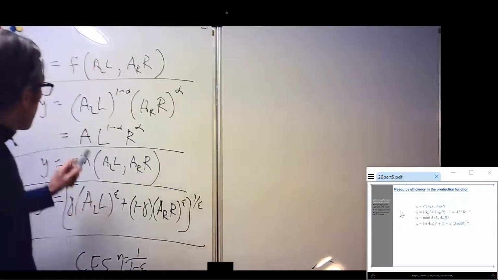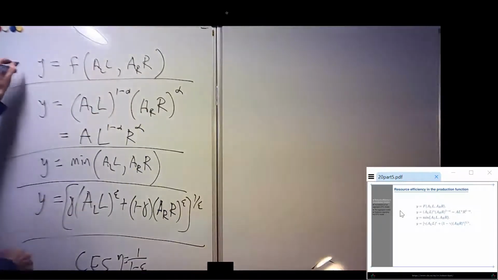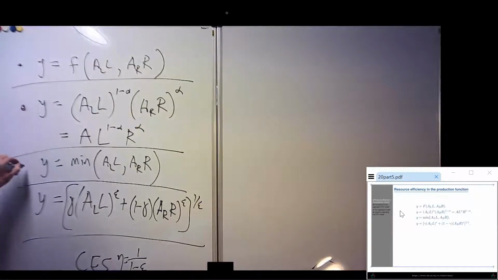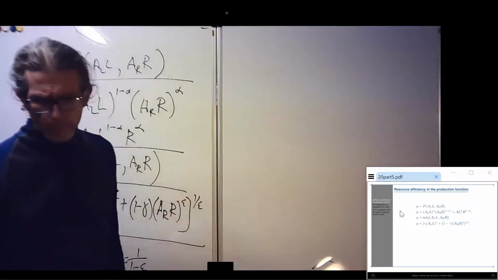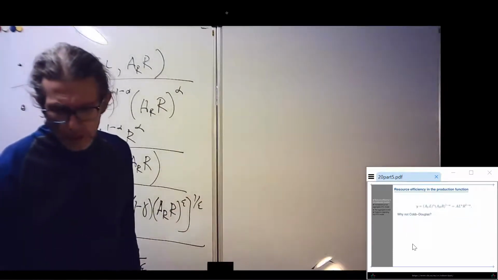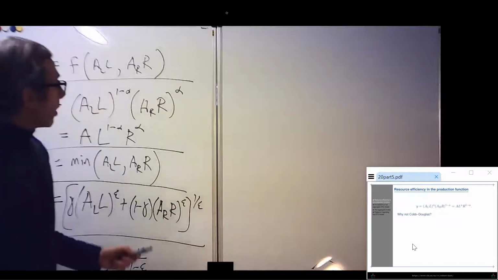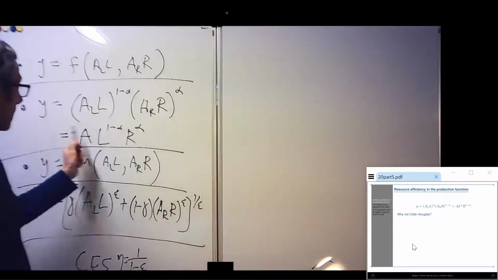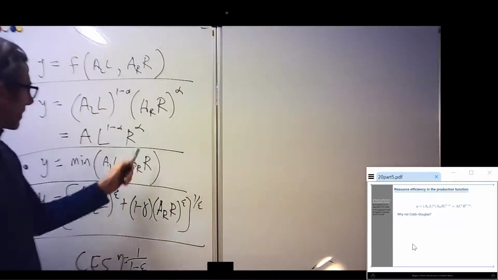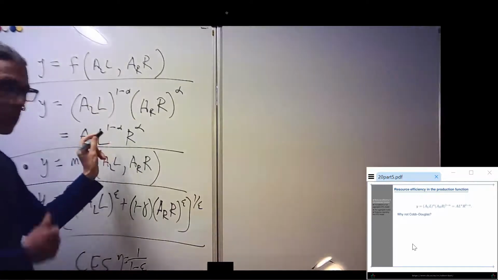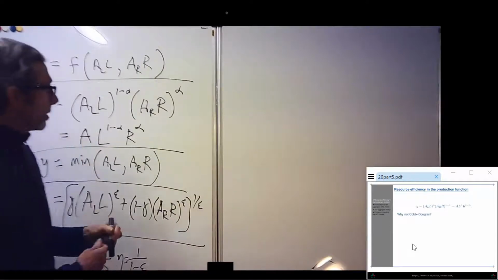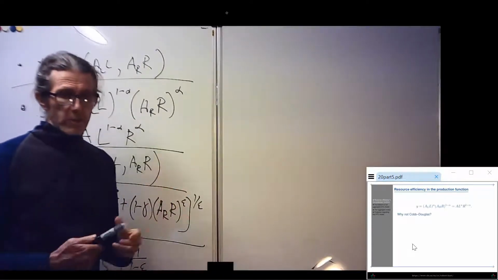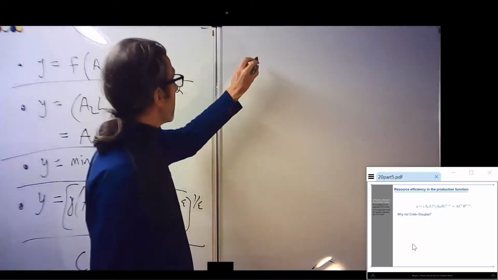So, general production function, 3 specific ones. Let's think about what these are good for. So, Cobb-Douglas. This is kind of nice, actually, because remember, in the Cobb-Douglas, given this production function, we get constant factor shares.